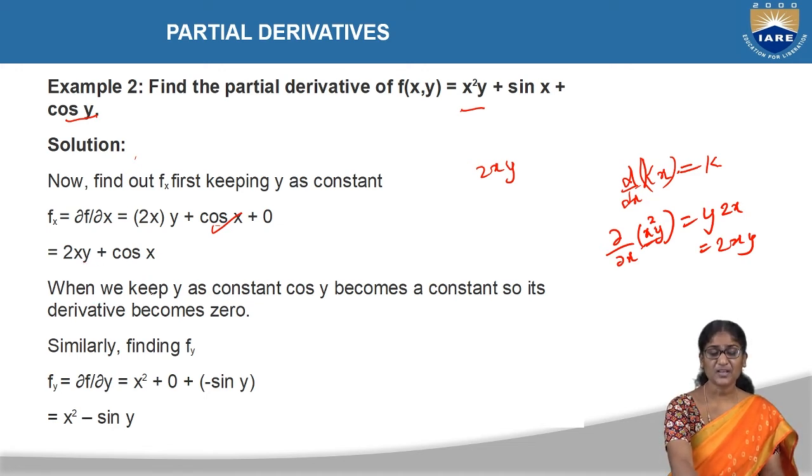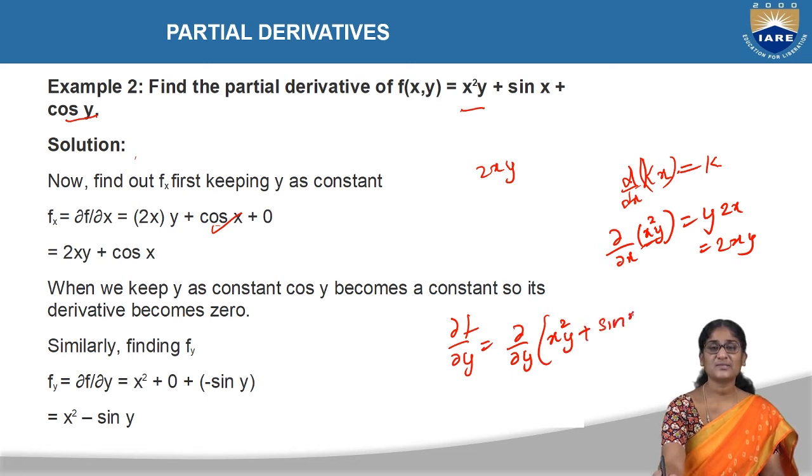Similarly, for the second partial derivative, dou f by dou y, we can write it as dou by dou y of x square y plus sin x plus cos y, because the function is x square y plus sin x plus cos y. Now I am differentiating with respect to y.